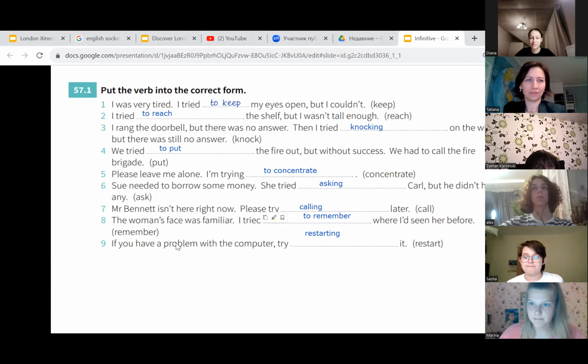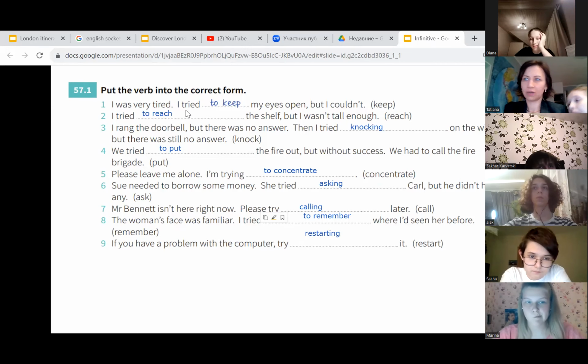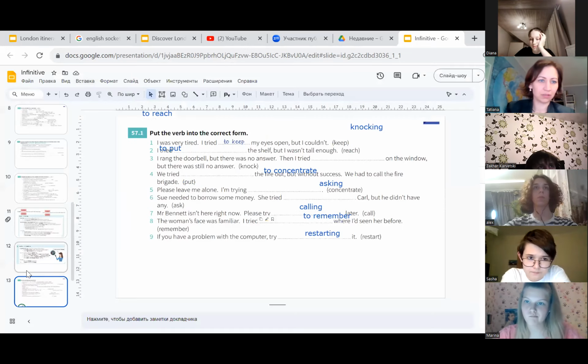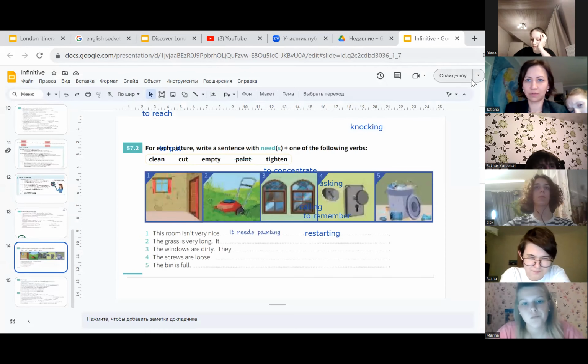Can you see the screen? Is the demonstration being seen? That's the small exercise.